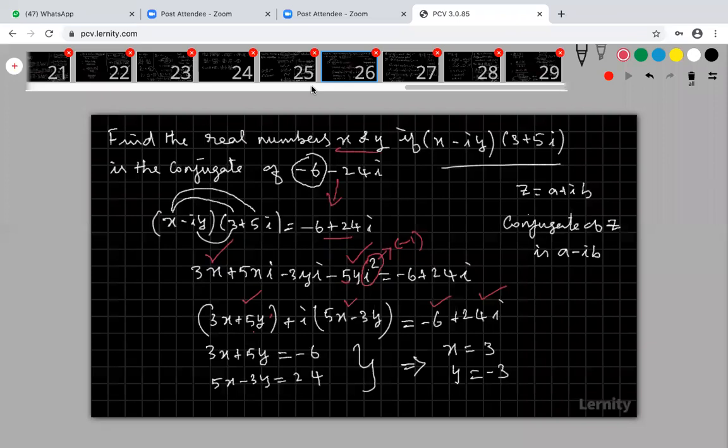Both the real part and the imaginary part should be equal if two complex numbers are equal. Okay. Are you clear? Right. Okay, thank you.